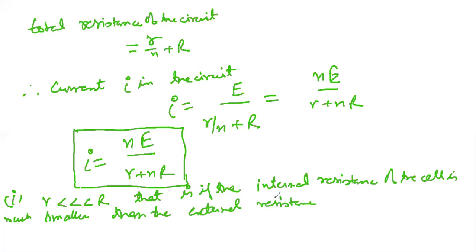In that condition, what will happen? You write your formula I is equal to nE divided by nR. So n, n cancel, you'll get E by R.